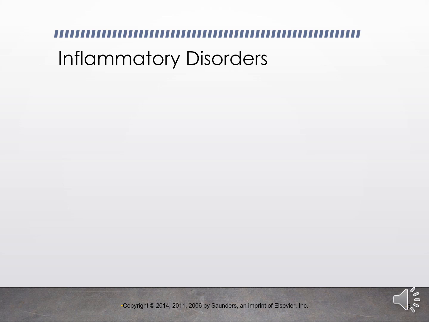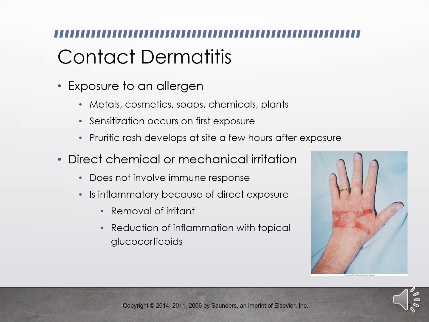Inflammatory disorders that we're going to talk about include contact dermatitis, urticaria, atopic dermatitis, and psoriasis. Contact dermatitis is usually caused by exposure to an allergen or by direct chemical or mechanical irritation to the skin. Allergic dermatitis can result from exposure to substances like metals, makeups, soaps, chemicals, or plants.